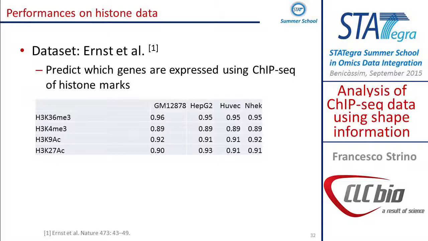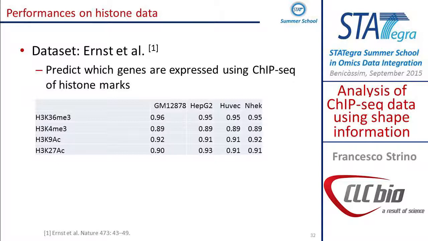The nice thing is that H3K36 is well known to be related to gene expression, found in the gene body. So here you get a pretty good auROC. You can pretty much predict if some gene is going to be expressed just by looking at the ChIP-seq of H3K36.